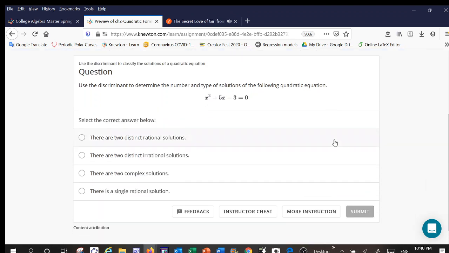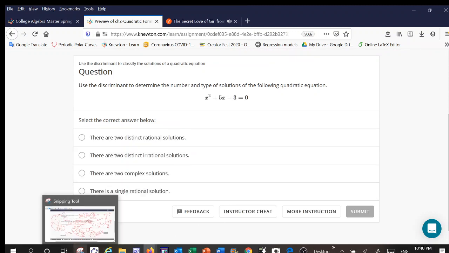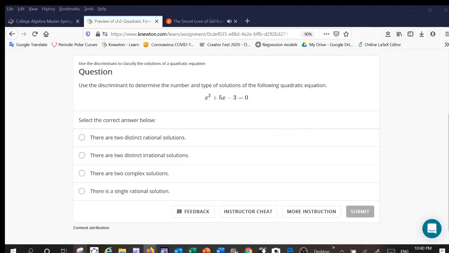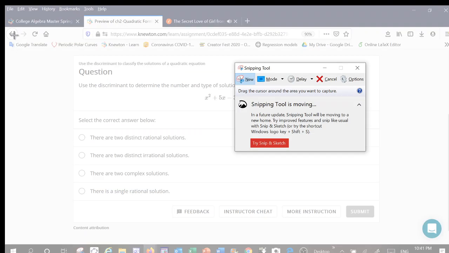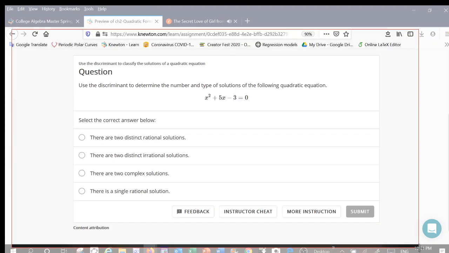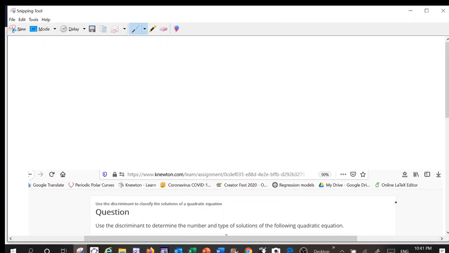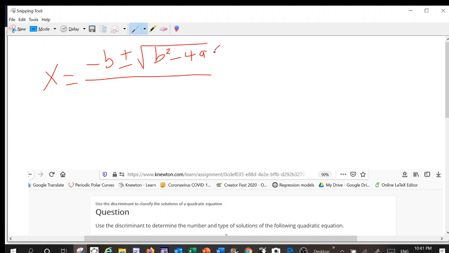Now, use the discriminant to determine the number and type of solutions. Now, what is the discriminant? Well, let's talk about that. In the formula for a quadratic equation, we have negative b plus and minus the square root of b squared minus 4ac over 2a.